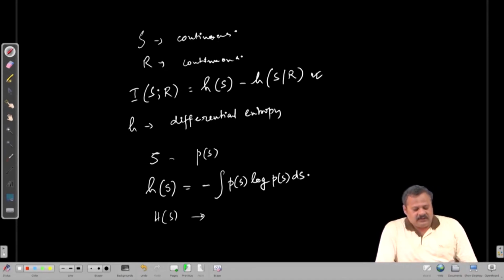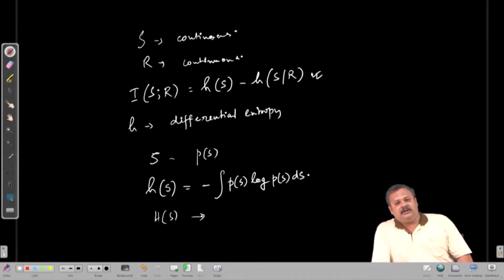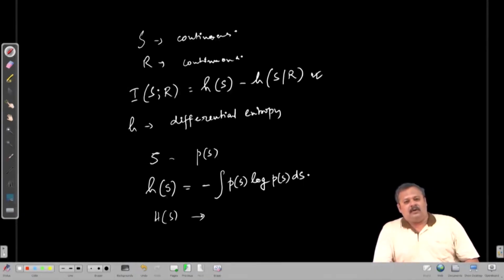Based on these ideas of mutual information and entropy, we will go forward with a few other ideas from information theory to go into applications of information theory in our concept of neuronal encoding and decoding.